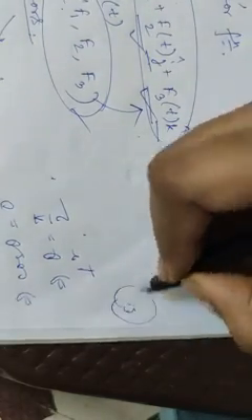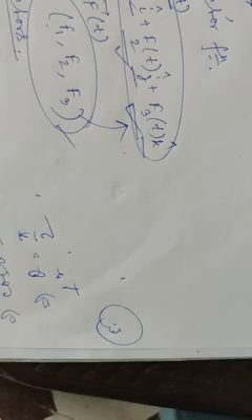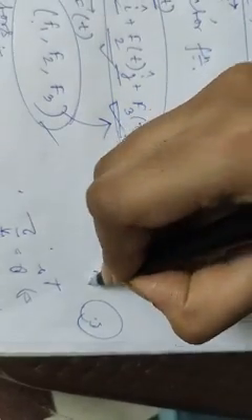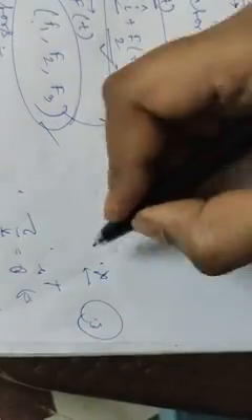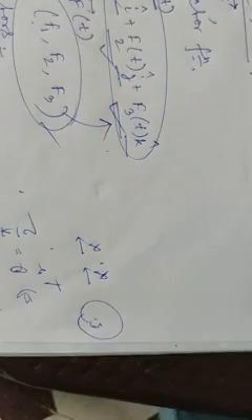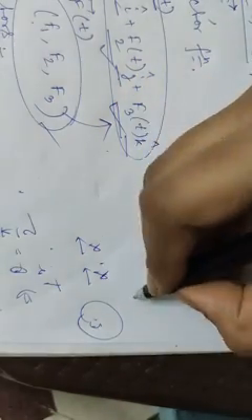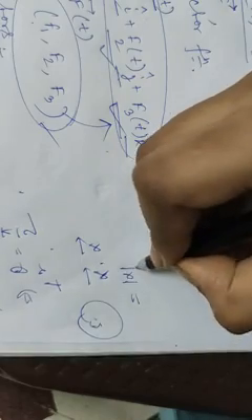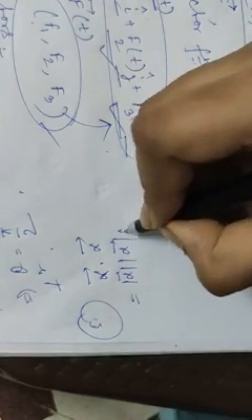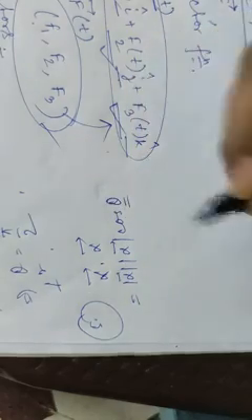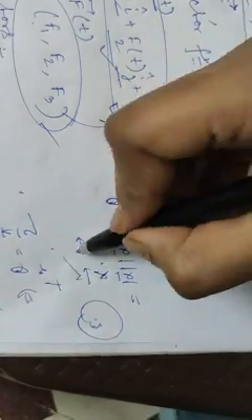Next property is that the scalar product of a vector with itself is equal to the square of its modulus. That means the scalar product with itself, that is alpha dot alpha, what will be its value? We are trying to find it. Now we can write it as mod alpha, then cos theta. Theta means the angle between alpha and alpha.